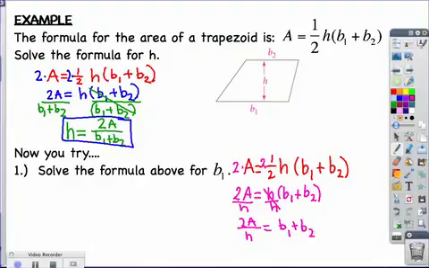First, I'm going to get rid of the 2. So I divide both sides by 2.